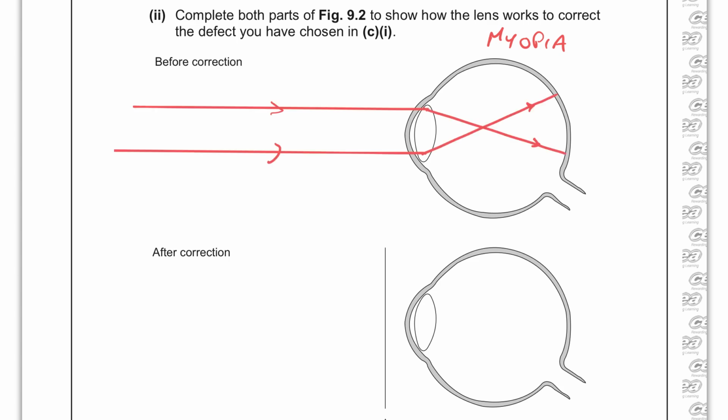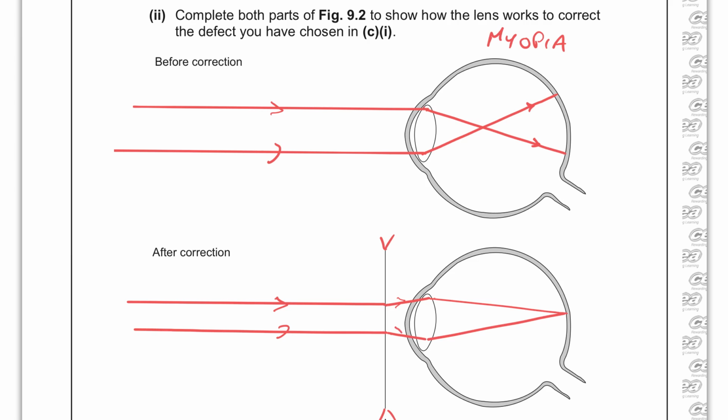And so the rays converge before the retina and therefore don't form a sharp image. So if we add in a diverging lens, the rays diverge a little before entering the eye, and then the eye does the rest of the bit of converging them to a sharp point on the retina.